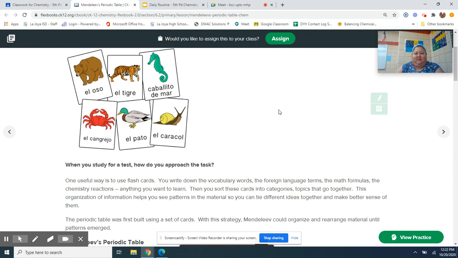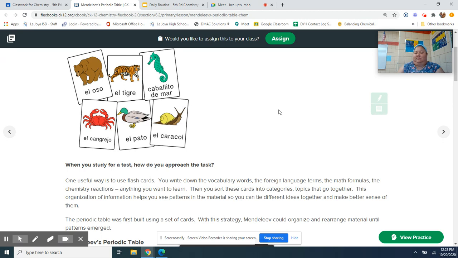One useful way is to use flashcards. You write down the vocabulary words, the foreign language terms, the math formulas, the chemistry reactions, anything you want to learn. Then you sort these cards into categories, topics that go together.